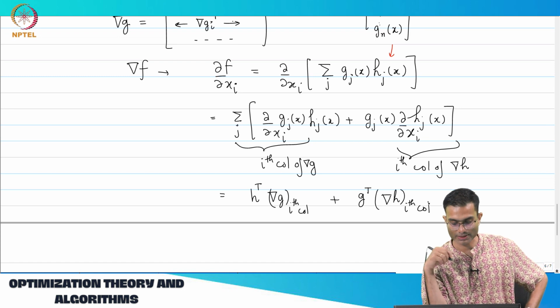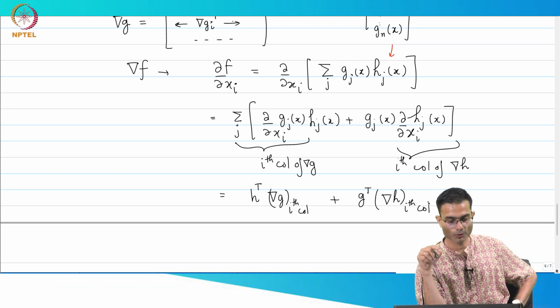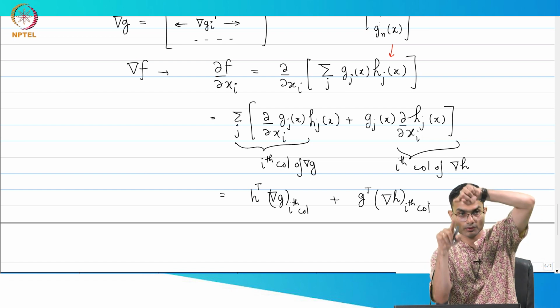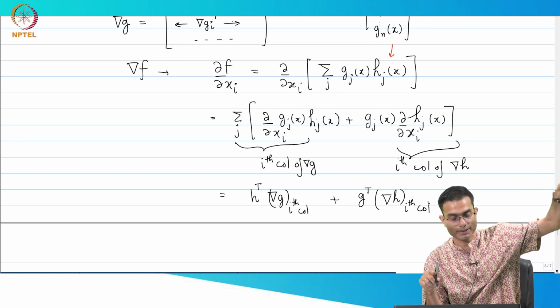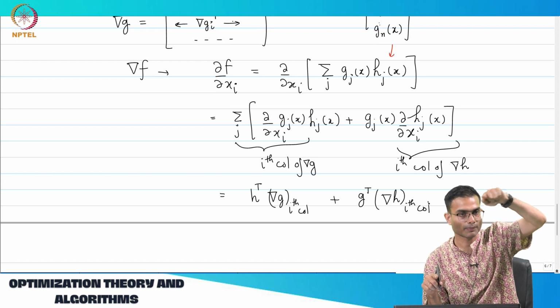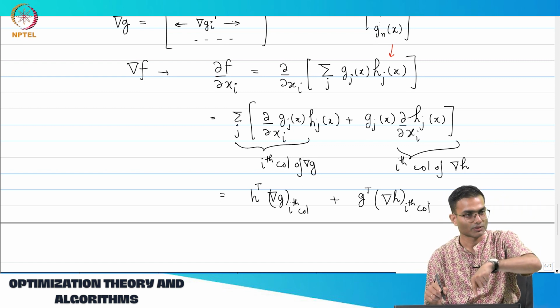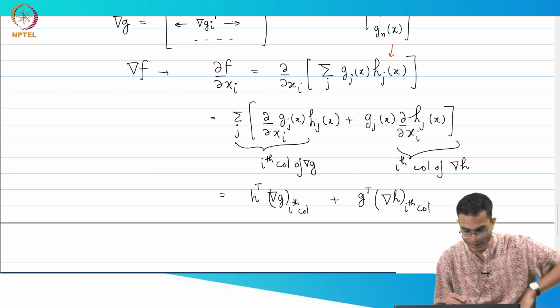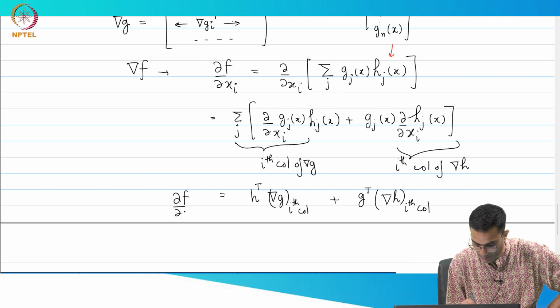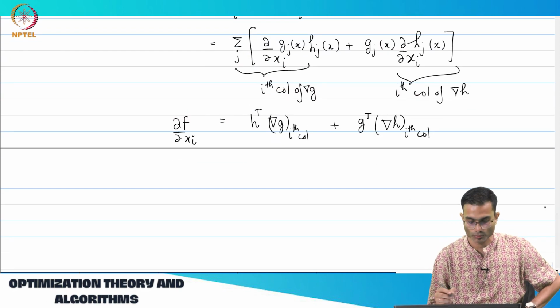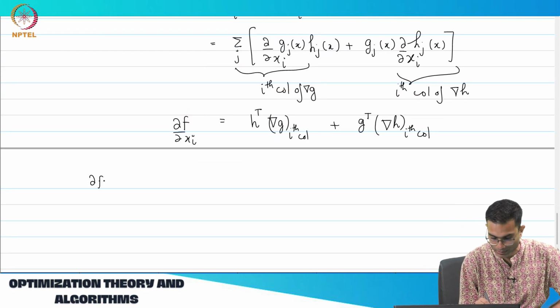So just visualize the ith column of grad G, which is going to be this dGj by dxi. It is a column vector, and I am multiplying it by H transpose. If I multiply it by H transpose, I will get exactly the summation. Similarly for the second term. And this is what? df by dxi. So if I wanted to now write like this, supposing I write like this.